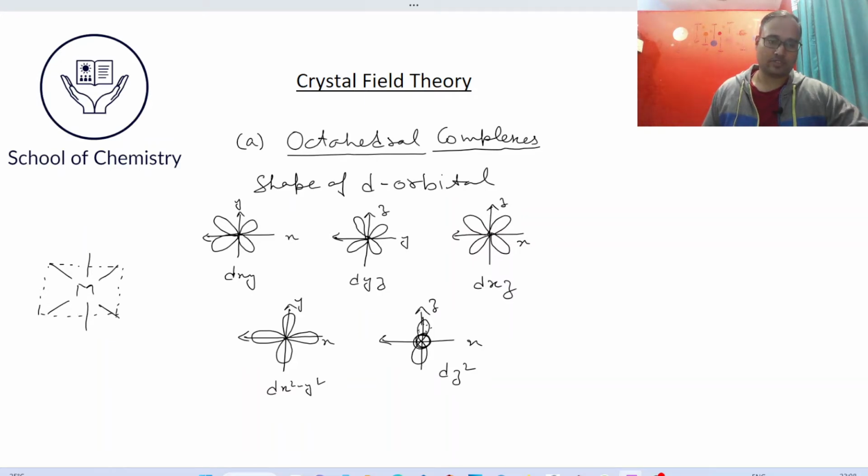These are the six ligands, which could be anionic ligands or neutral ligands. Four of them lie in the plane, and two of them, one above and one below the plane, give the octahedral geometry. Each of them is perpendicular to each other, so we consider them as lying along the axes.